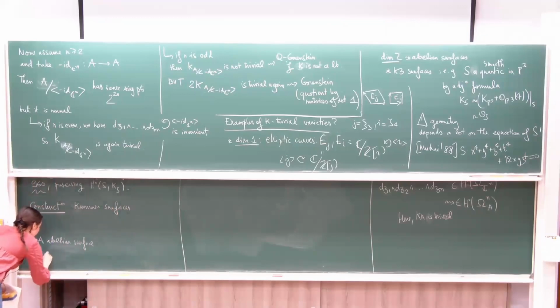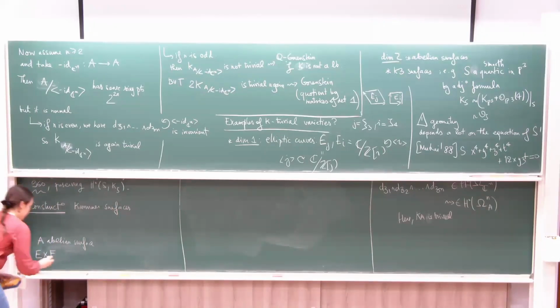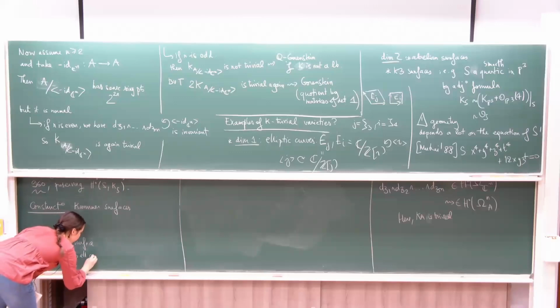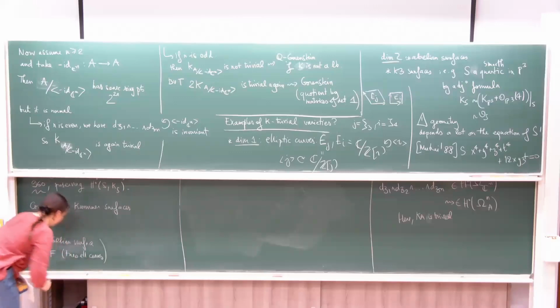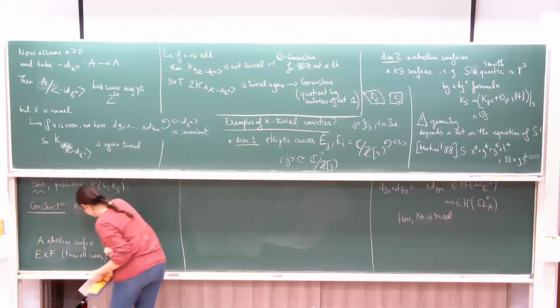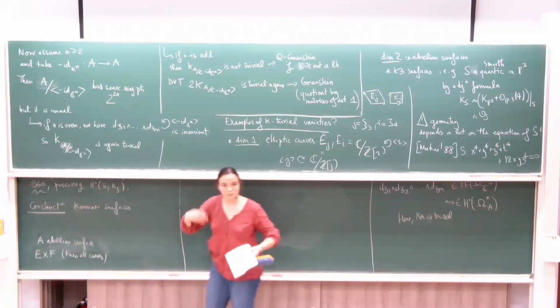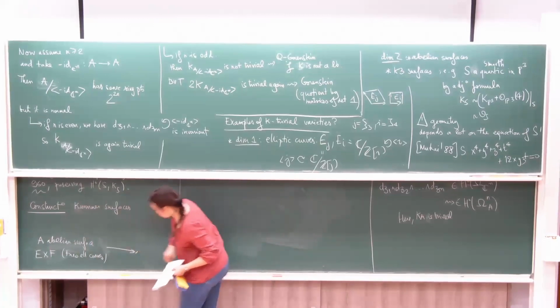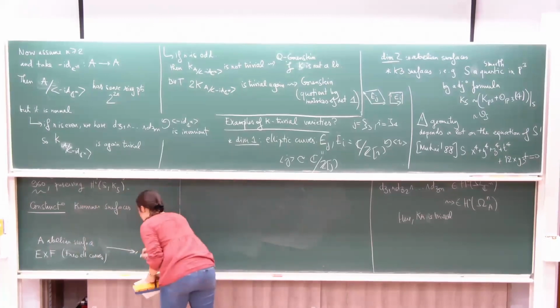We take E times F, where E and F are just two elliptic curves. And now, well, we just discussed if you take any elliptic curve, it's not so clear what you can make act on it, but minus identity does it. So we're going to quotient by minus identity.